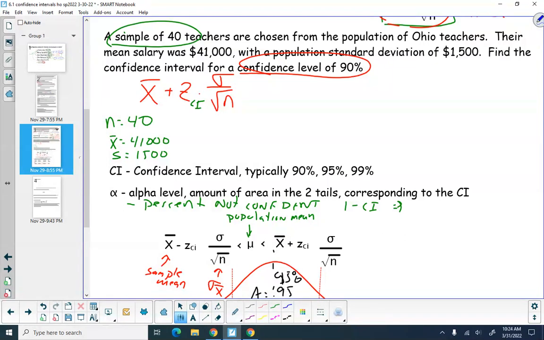So when we talk about the mean, once again, the mean will be somewhere between X bar minus the Z value for the confidence interval times the standard deviation divided by the square root of N, and then the exact same thing except for plus.